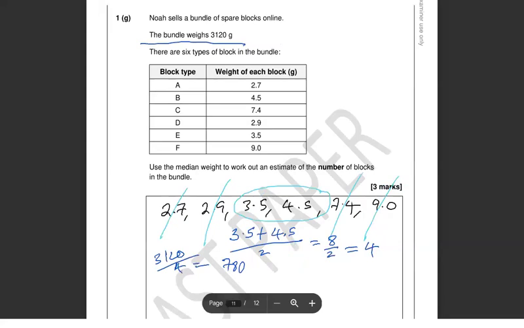So I used the median to work out the number in 3,120. I did 3,120 divided by the median, and I got 780 blocks.